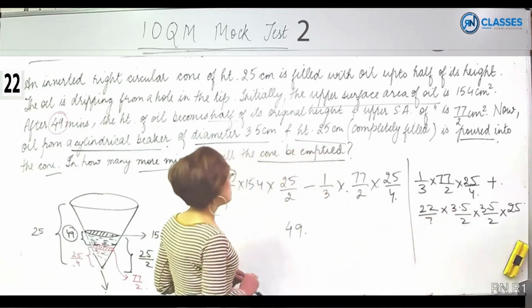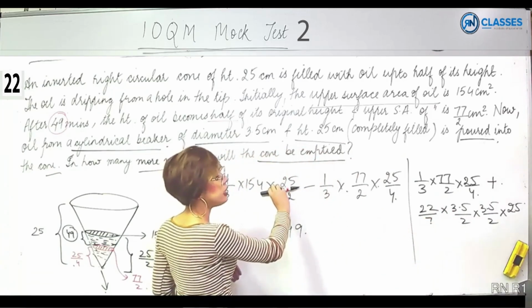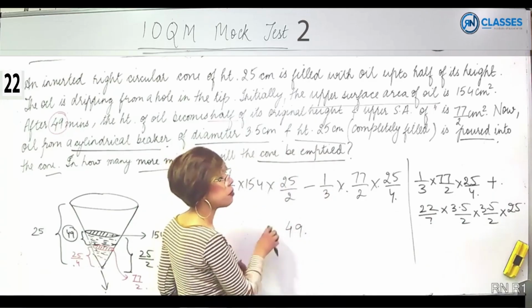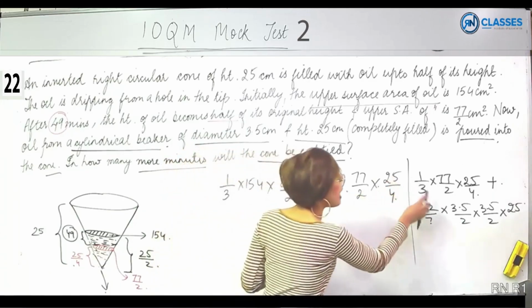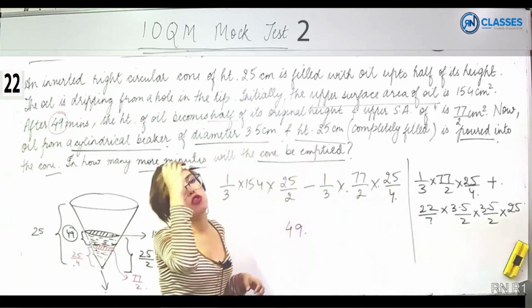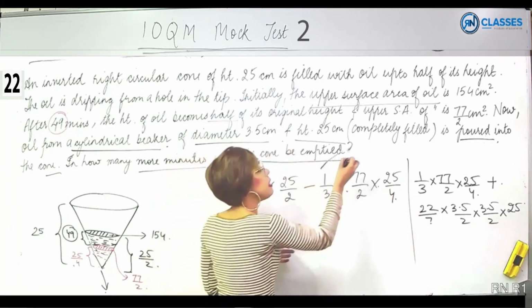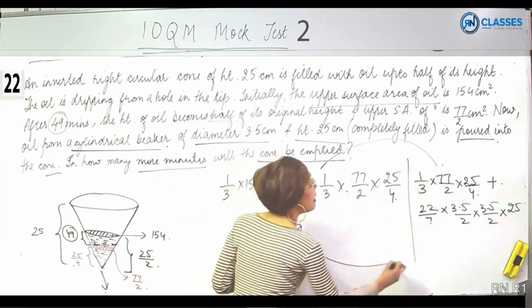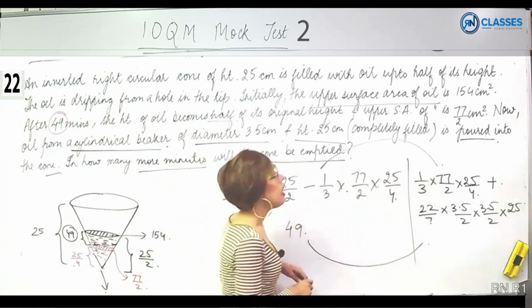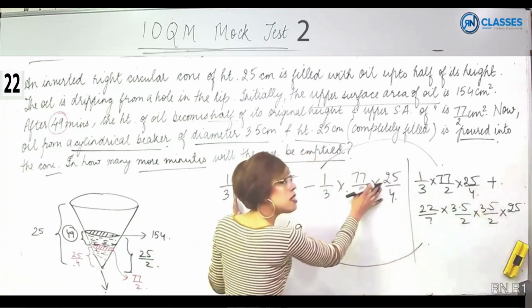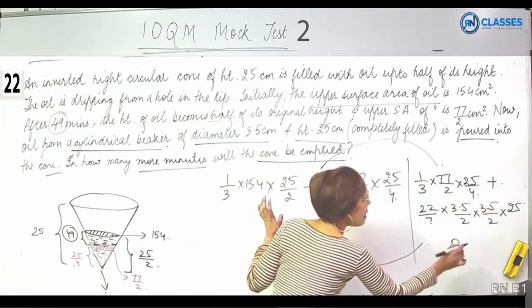So, as you can see, this and this, they are directly proportional, right? Or I can say this is in direct variation. So, this thing divided by this is equal to this time I need to find out.